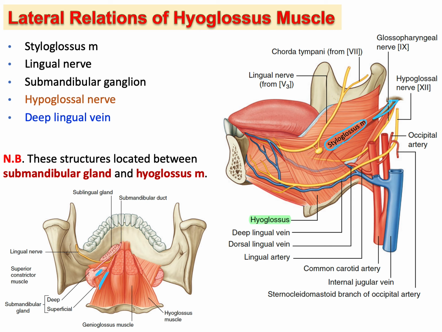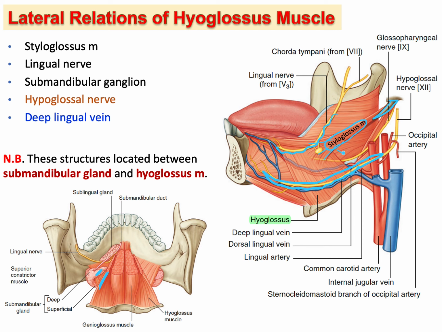This is the first thing, styloglossus muscle. Okay, what else? We have two nerves. One is up, the lingual nerve, and one is below or inferior, which is the most important nerve, the hypoglossal nerve, cranial nerve number 12.